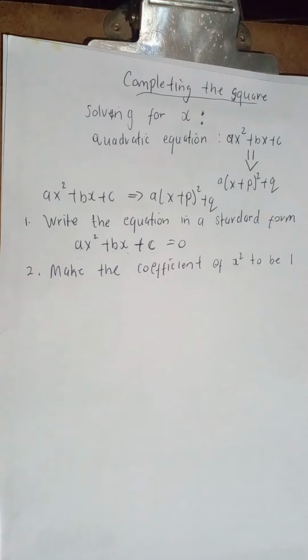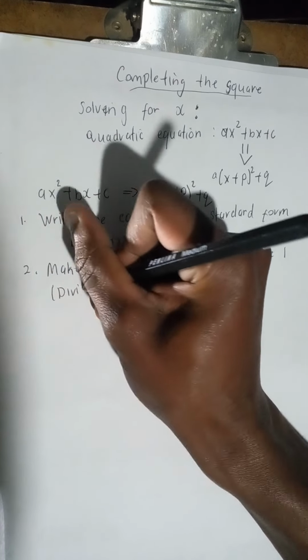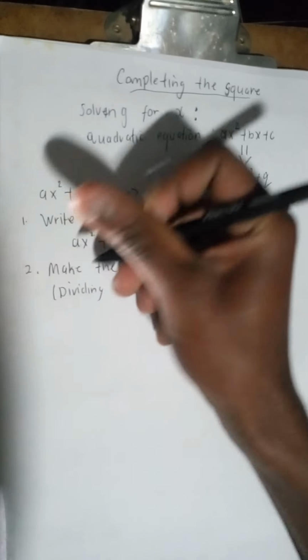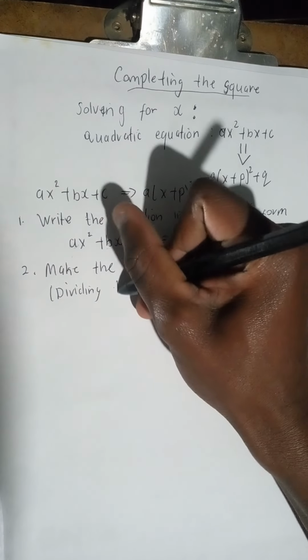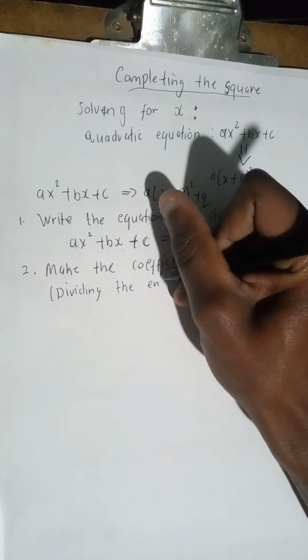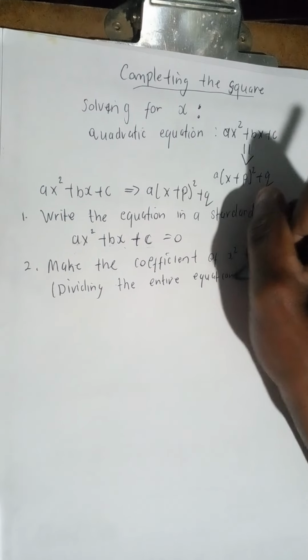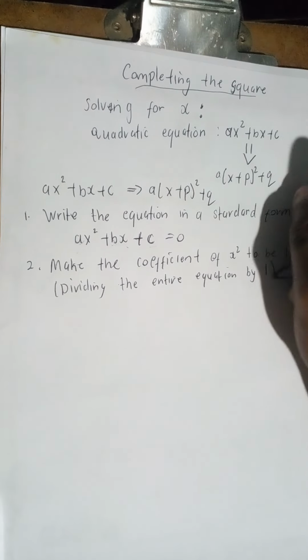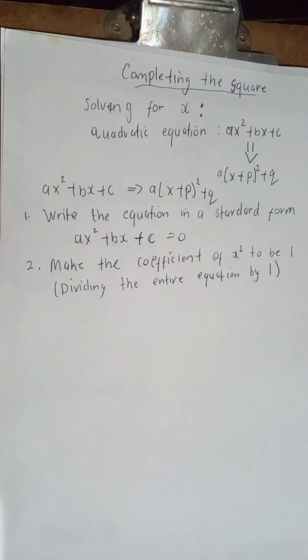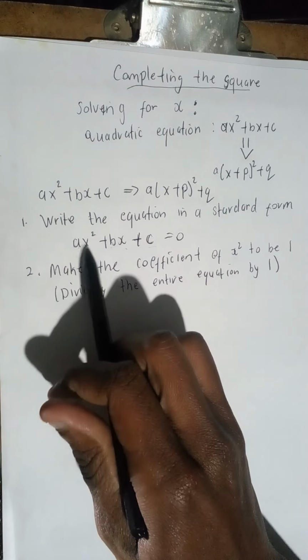So how do you make the coefficient of x squared to be 1? You do it by dividing the entire equation, the whole equation, by a. That's how you make the coefficient of x squared to be 1.